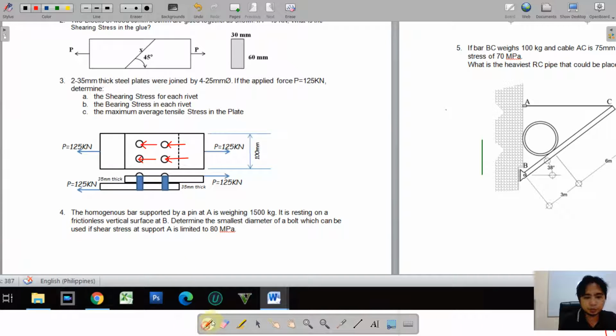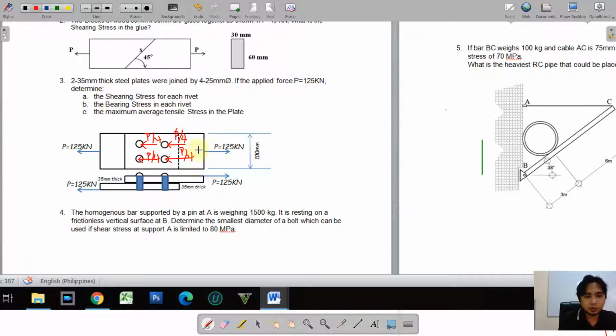It is assumed that 125 is equally divided for each of the rivets. So basically we have P over 4, P over 4, P over 4, and of course P over 4 for the last rivet.